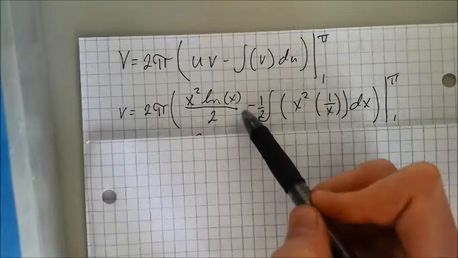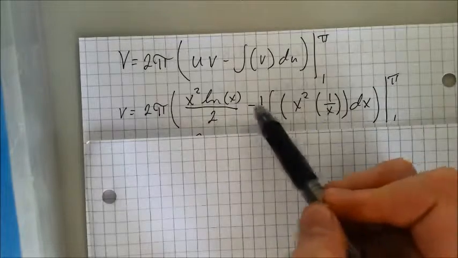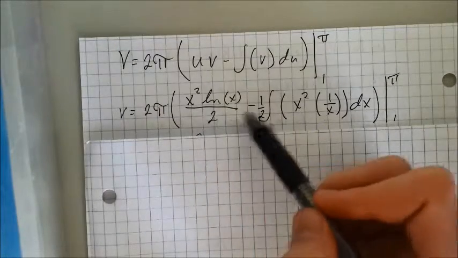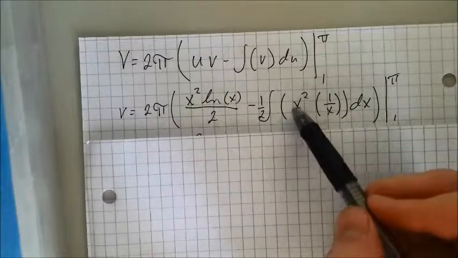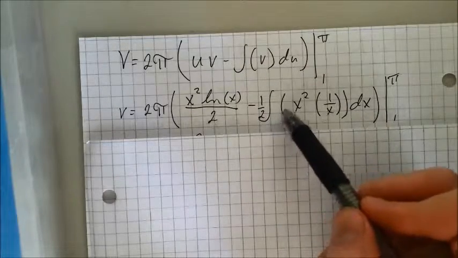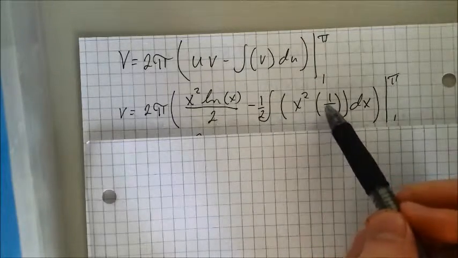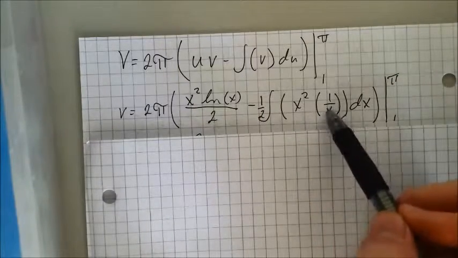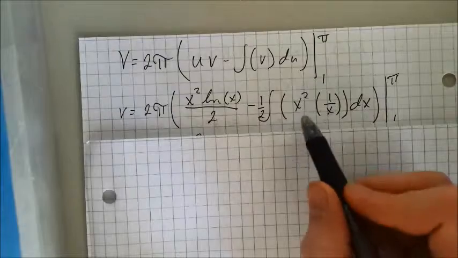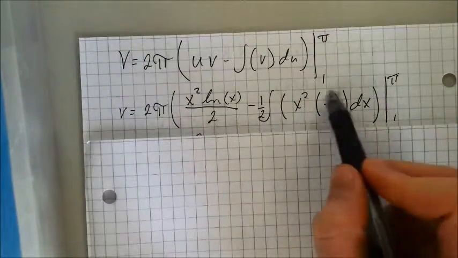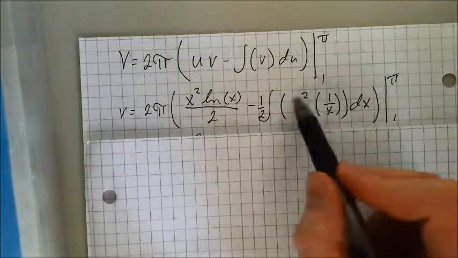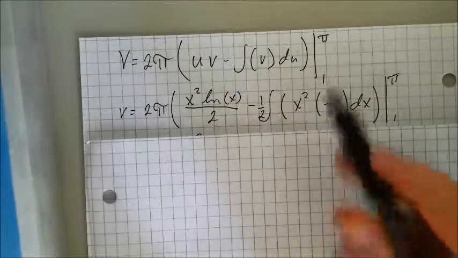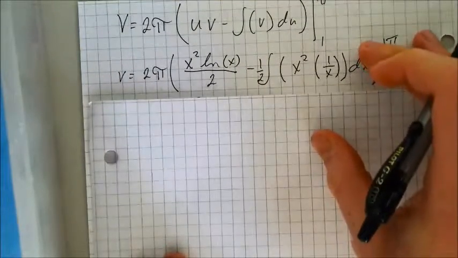And then we subtract 1/2, which was our x squared over 2, that's the 1/2 from there, pulled it out, times the integral of x squared times du. And our du was 1 over x dx. And so this becomes our new integral, and this is much easier to solve. And then we evaluate this at pi and 1.